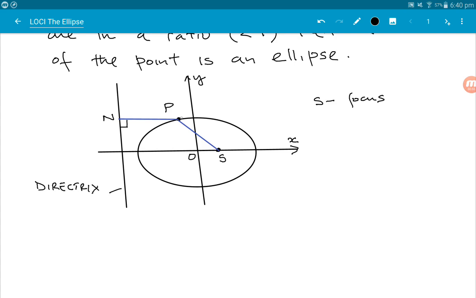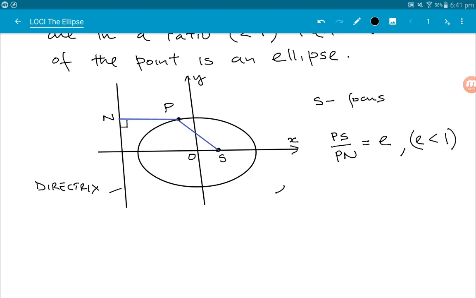And P is the point on the ellipse, and for the ellipse, PS over Pn, remember Pn is the distance perpendicular to the directrix, is equal to e, where e is less than 1.